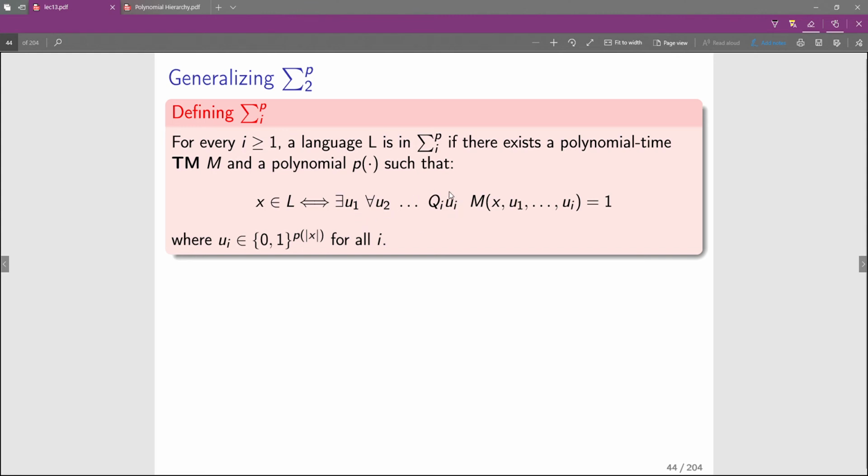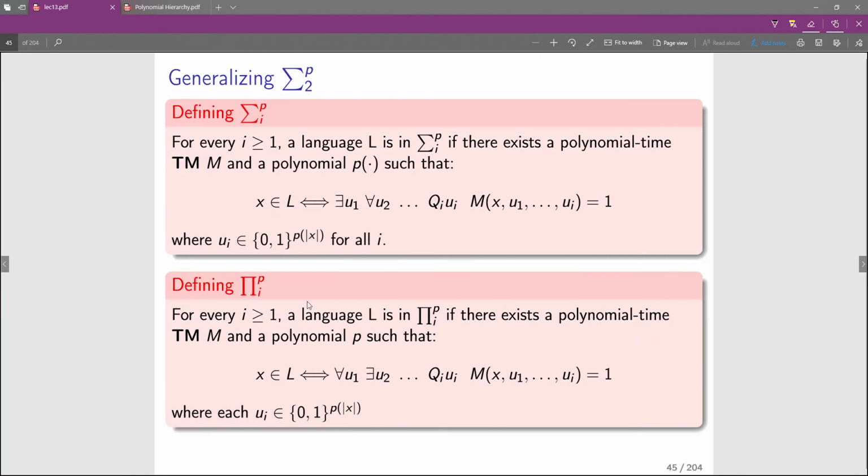So you basically define I certificates there, and the Turing machine accepts the input and I certificates and outputs 1. And all these certificates should be polynomial in the input. Okay, so we have defined sigma I, and similarly we define product I P.